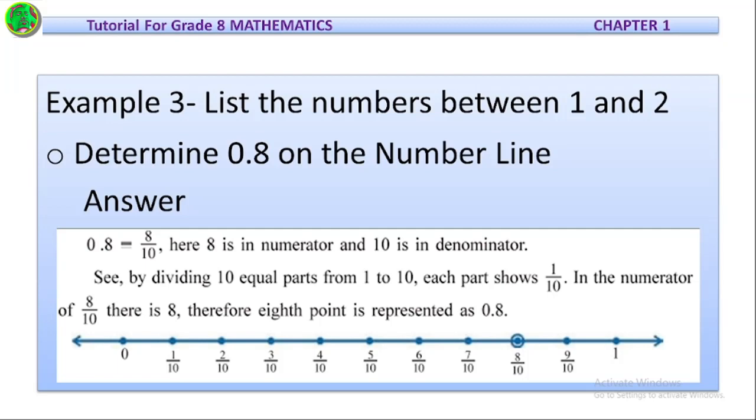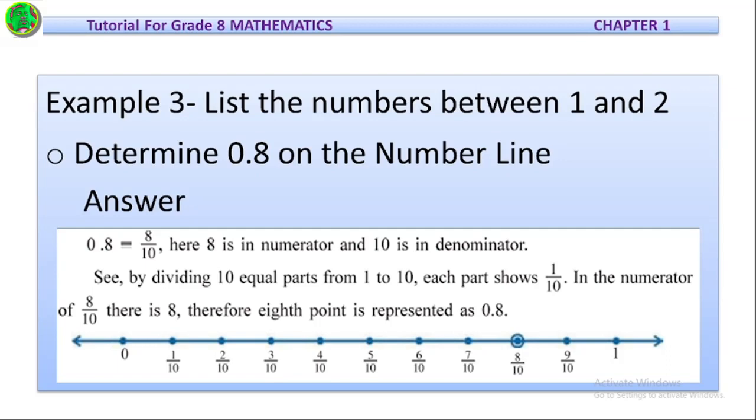So this 0.8 can be indicated between two consecutive rational numbers. The two consecutive rational numbers are 0 and 1. So we can locate 0.8 between 0 and 1.